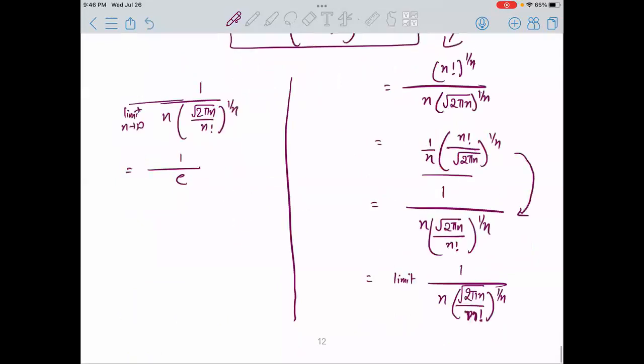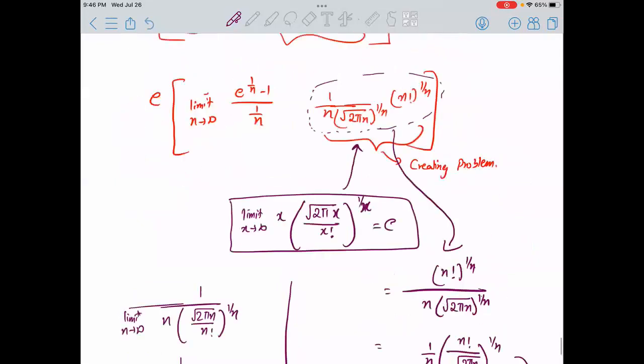So what will this be equal to? This is equal to 1, and this whole term is equal to 1 by e, which we calculated.